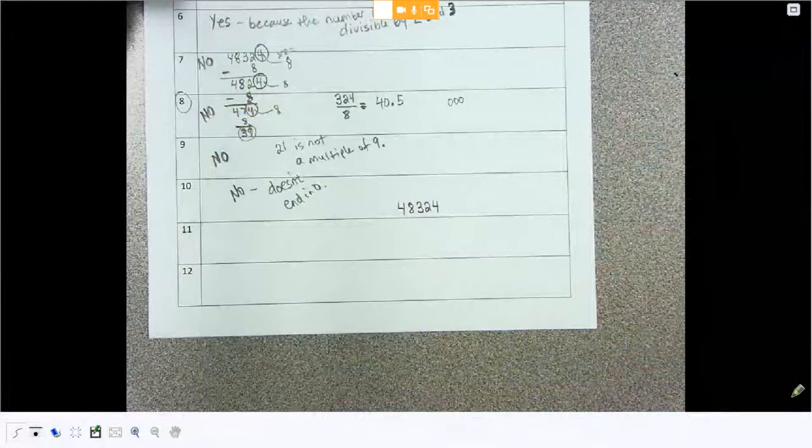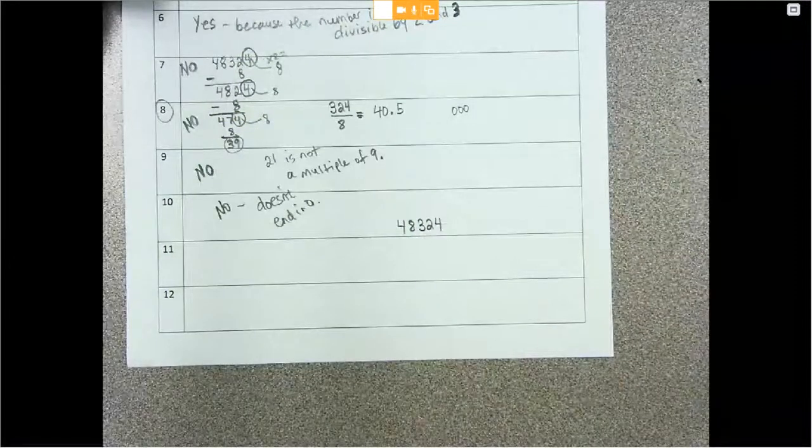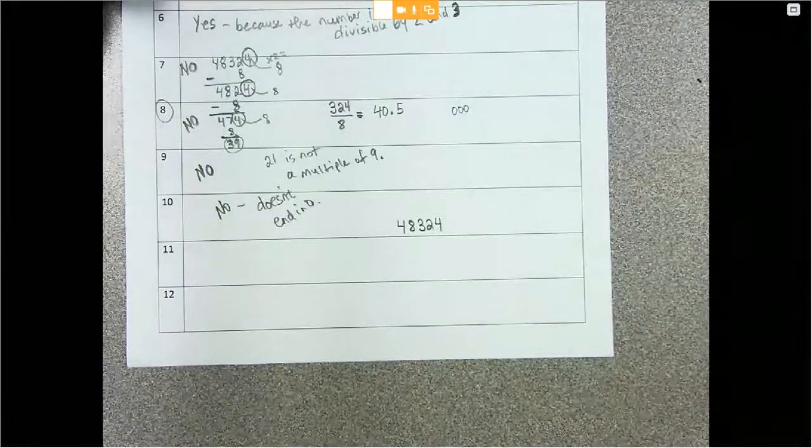I have my number, 48,324. What I'm going to do is add up all the numbers in the odd positions, and add up all the numbers in the even positions, and then subtract those. If I get 0 or a multiple of 11, the number is a multiple of 11. So I'll show you what I mean.